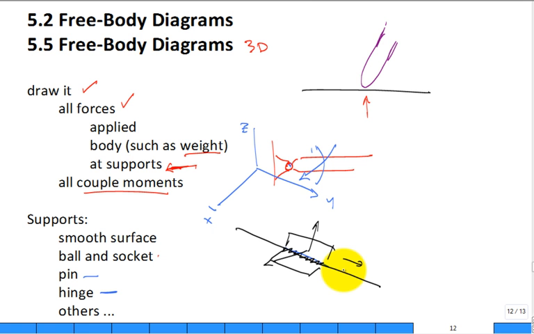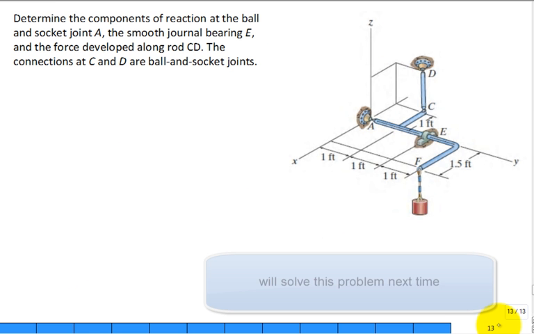It'll actually stop the rotation around that axis, but not around the axis which the hinge is made to rotate. So there is going to be no resistance or moment due to that support along the axis aligned with the hinge. All right. Let's take a look at this problem.